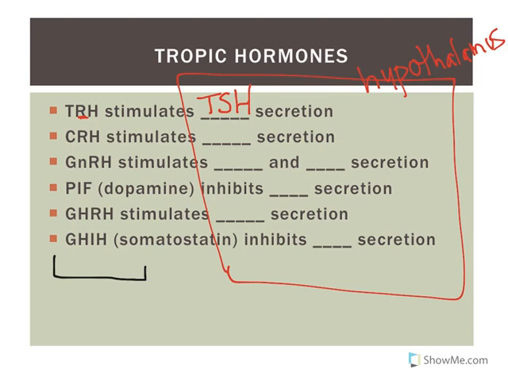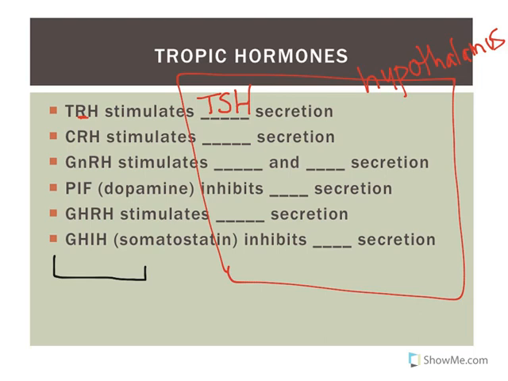So TSH is thyroid stimulating hormone. The cells that produce that are actually called thyrotropes. So the specific cells that produce these hormones have a receptor for that tropic hormone that binds to it and then either inhibits or stimulates the secretion.